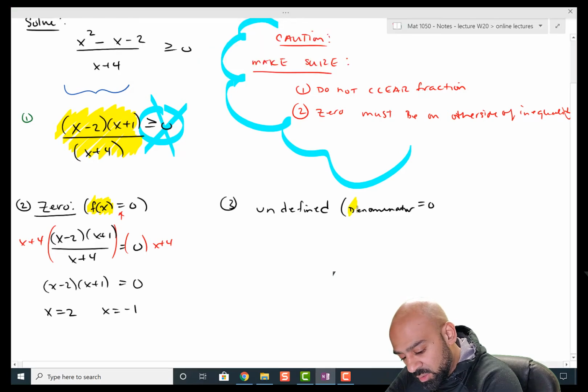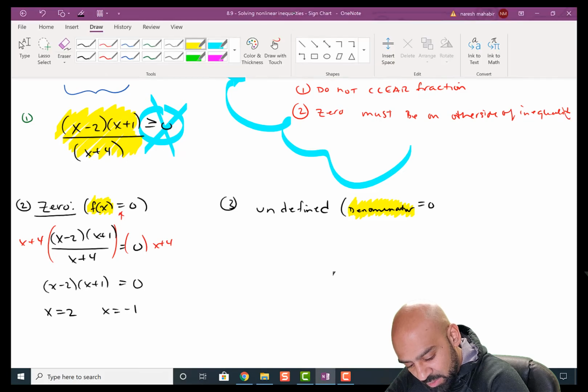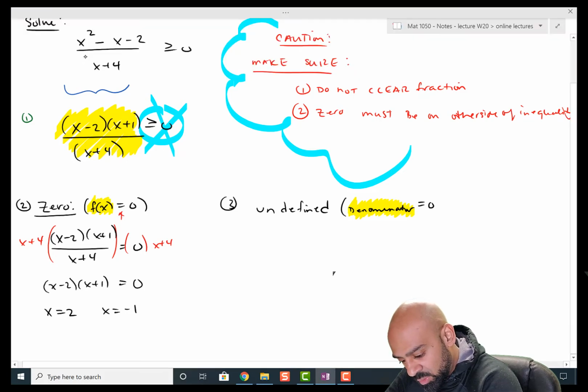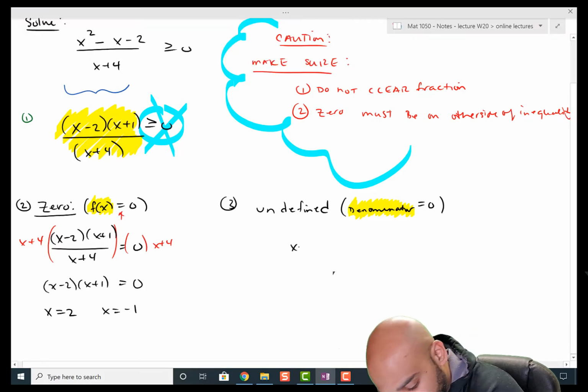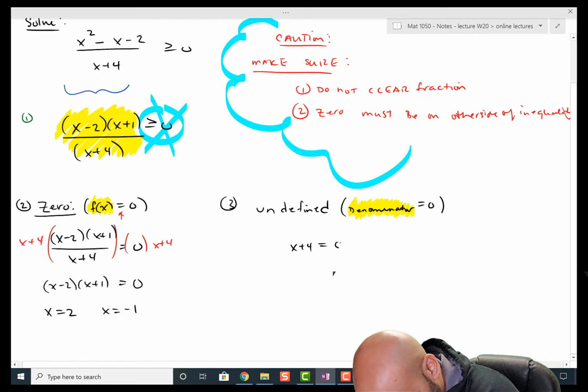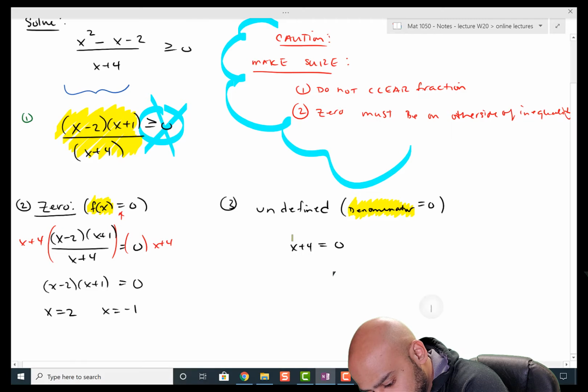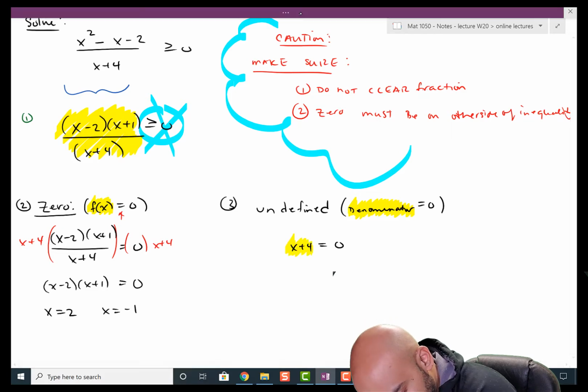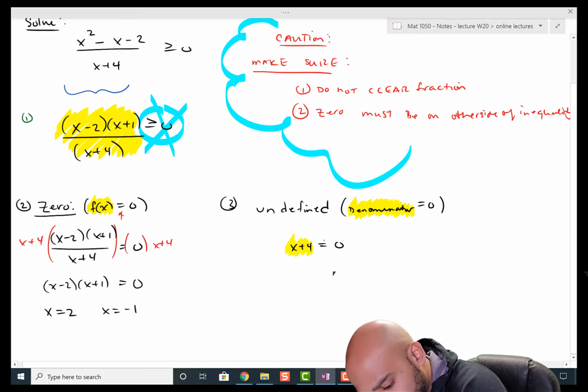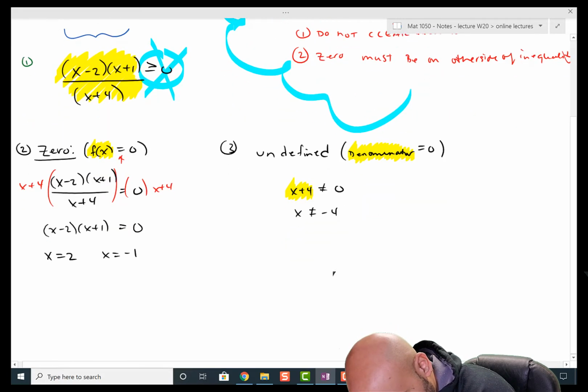So quite literally, we're taking the denominator out of our function from step 1, and we're setting that equal to 0. So this turns into x plus 4 equals 0. Now we could solve that, and again, it can't happen. So x cannot equal negative 4.